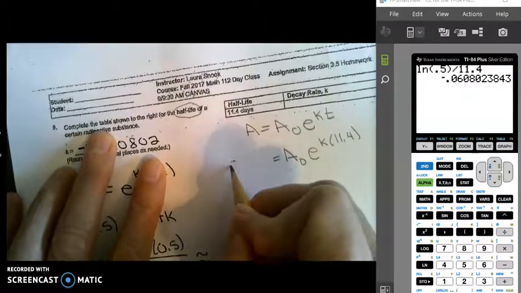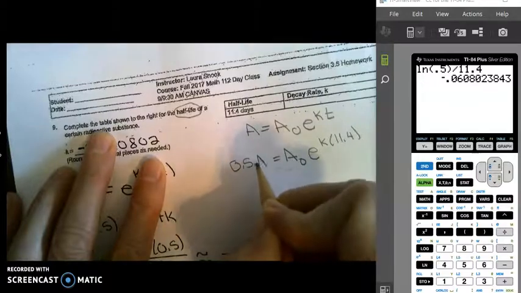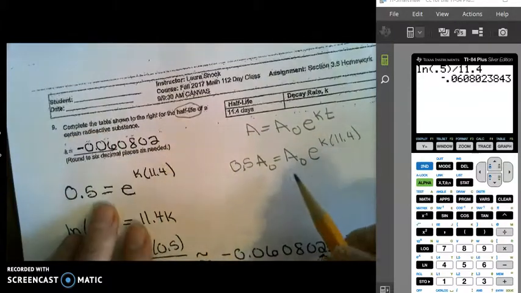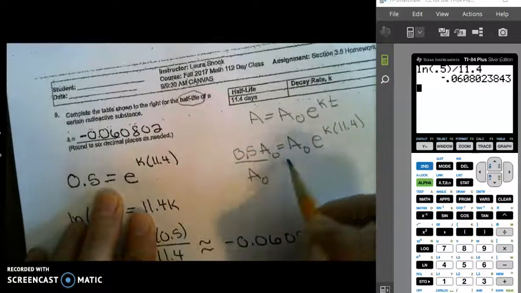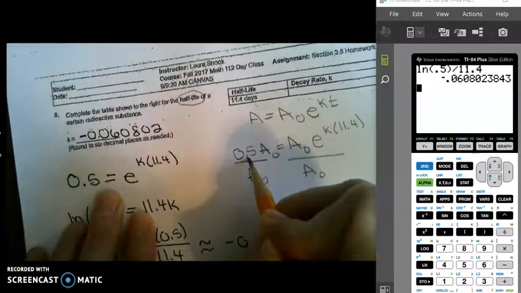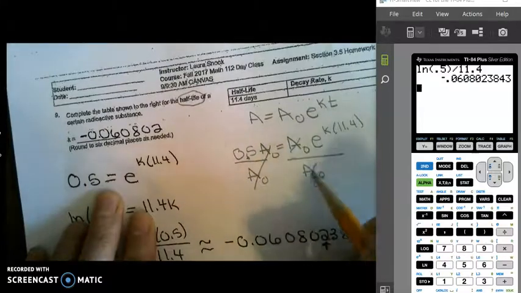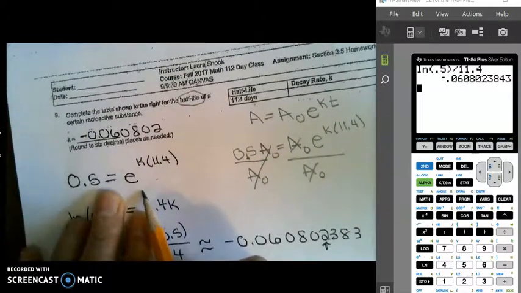So I'm going to have 0.5 times A0. Okay, from here to here, I divide both sides by A0. And that's how I get this equation right here.